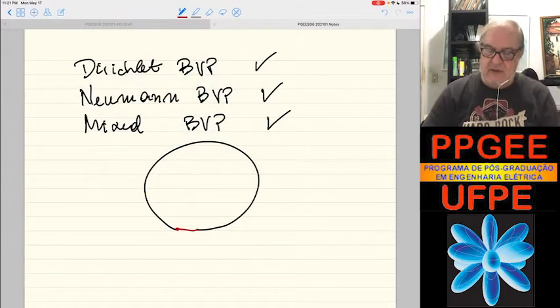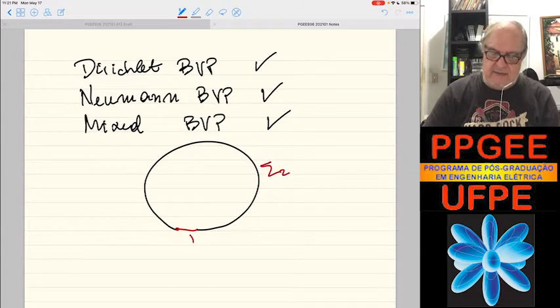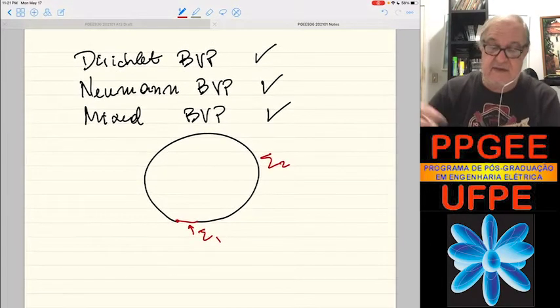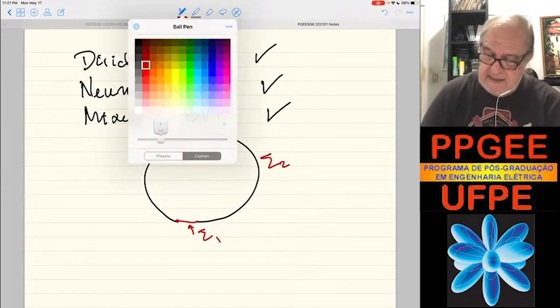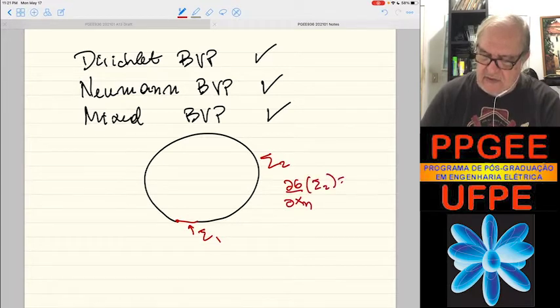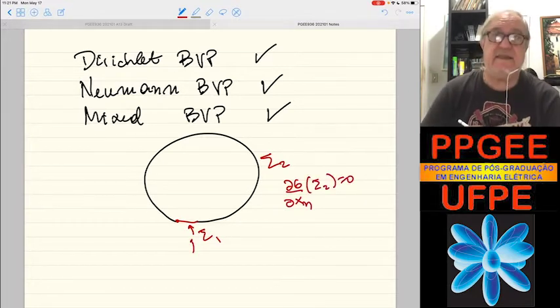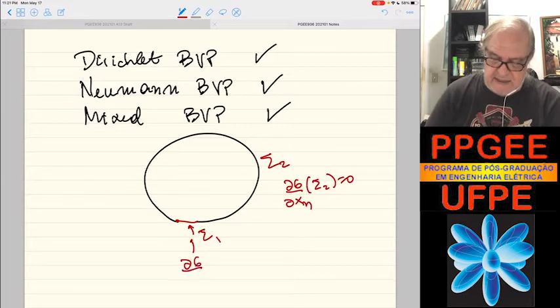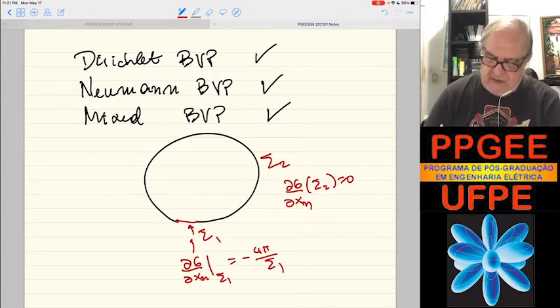Let's call this sigma 2 and this sigma 1. I can make a Green's function, if I want to, such that dg over the normal coordinate at sigma 2 equals 0, and I can choose, for instance, dg over dxn at sigma 1 equal to minus 4 pi divided by this area sigma 1 here.